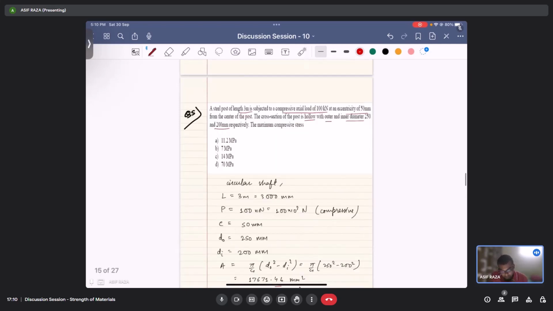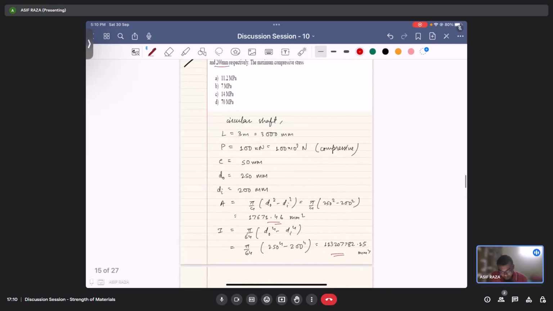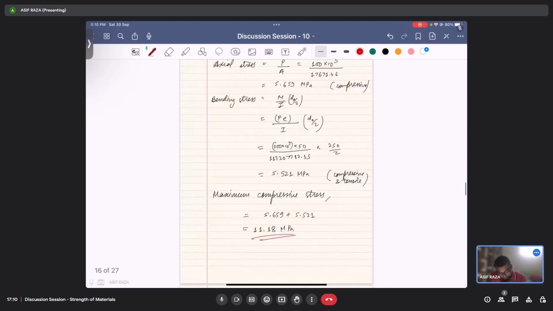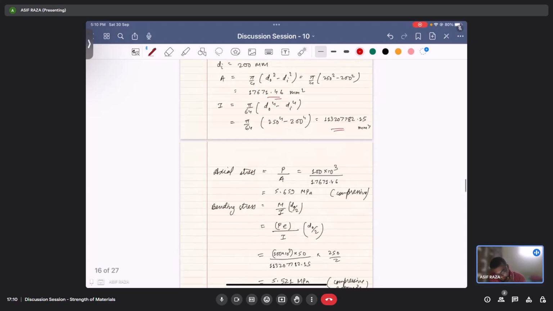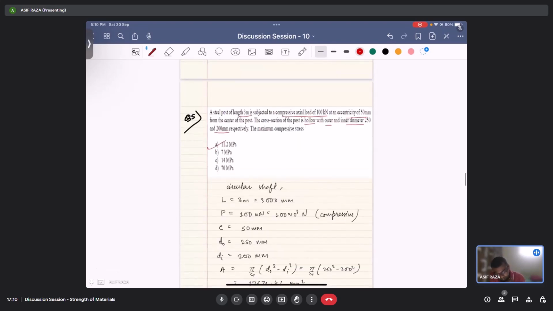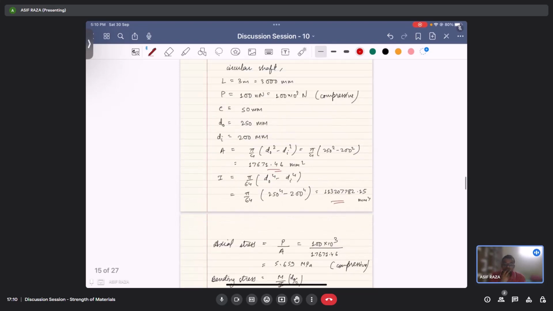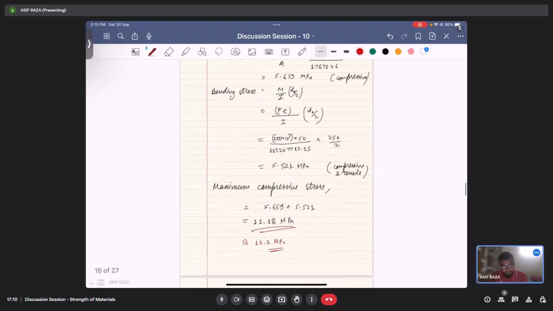Let's see the options. Okay, so out of all the options, this can be written as 11.2 megapascal, and consequently our right option would be option A, 11.2 megapascal.